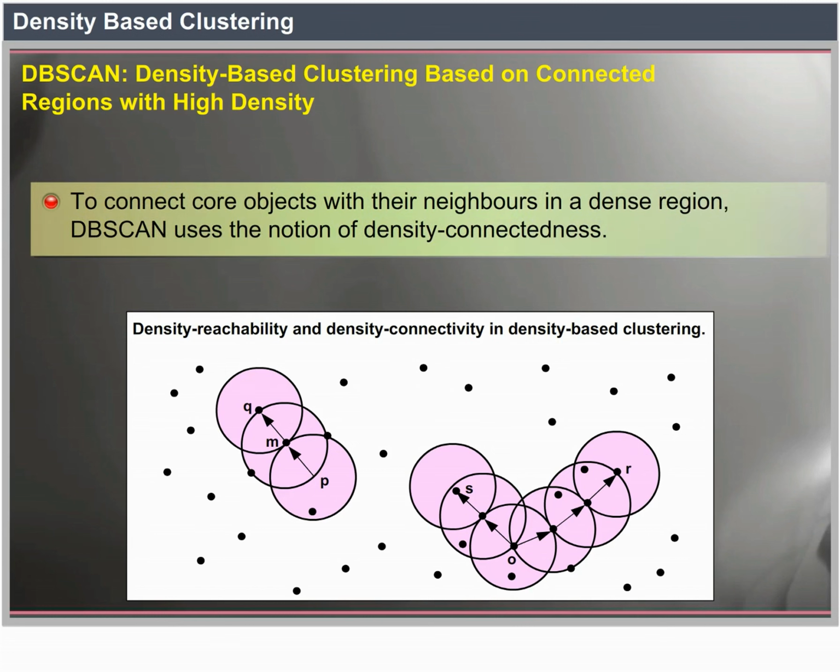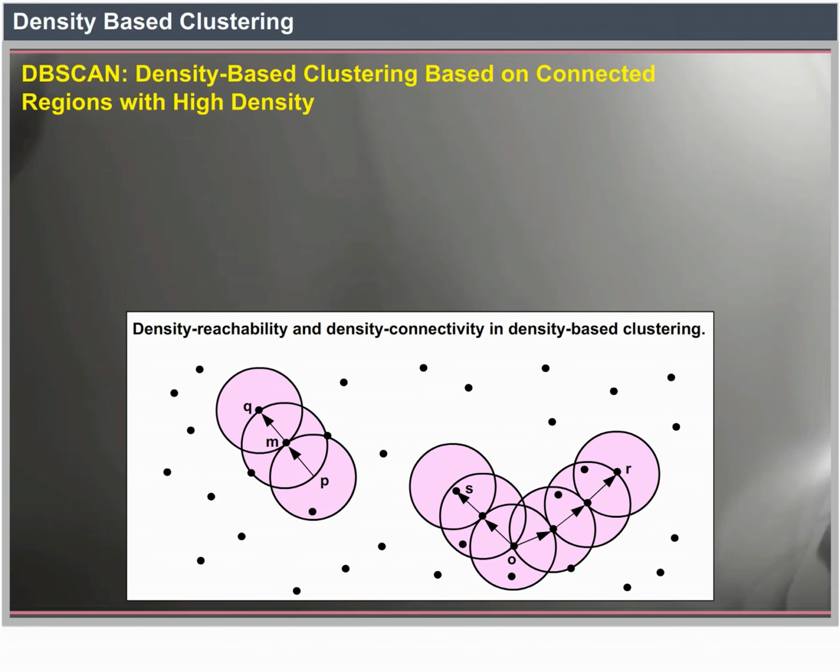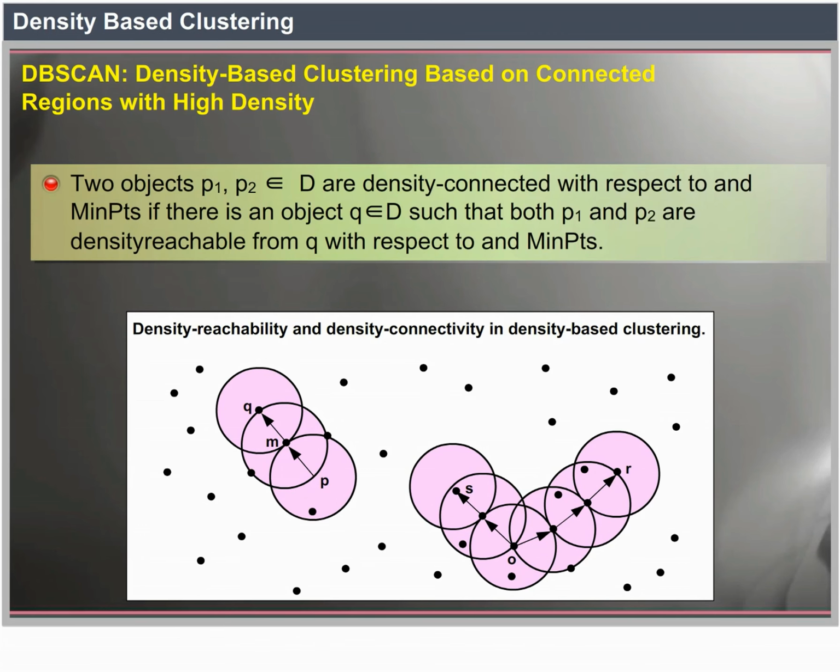To connect core objects as well as their neighbors in a dense region, DBSCAN uses the notion of density connectedness. Two objects P1, P2 belonging to D are density connected with respect to epsilon and min points if there is an object Q belonging to D such that both P1 and P2 are density reachable from Q with respect to epsilon and min points.